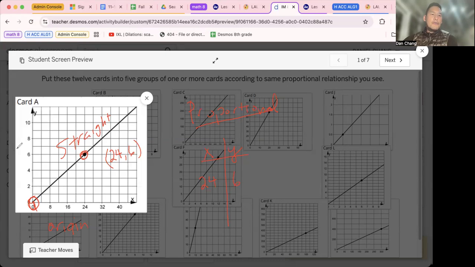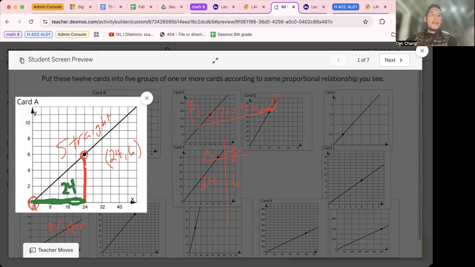And connecting this to another idea that we have been working on, which is slope, if you make a slope triangle, a right triangle, you know one side is 24 units long.